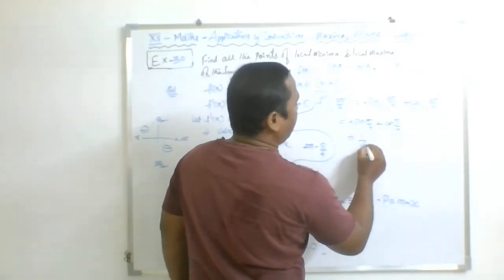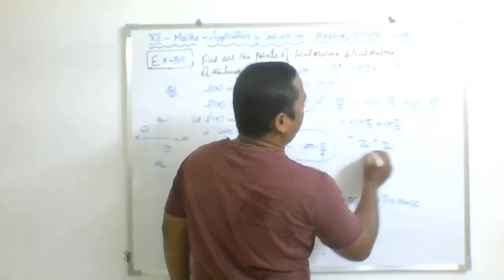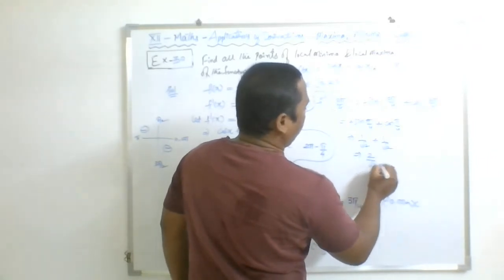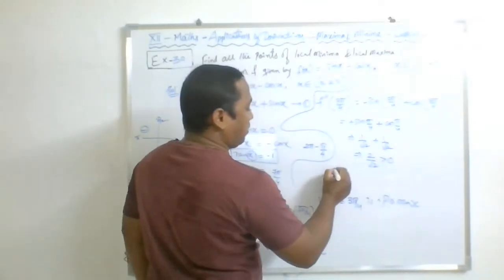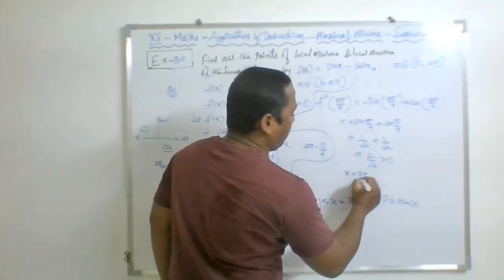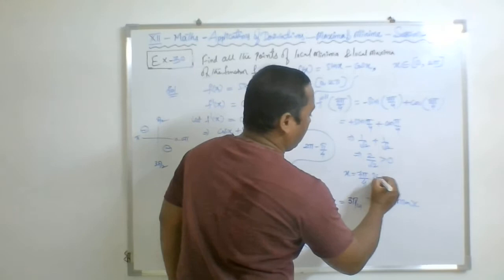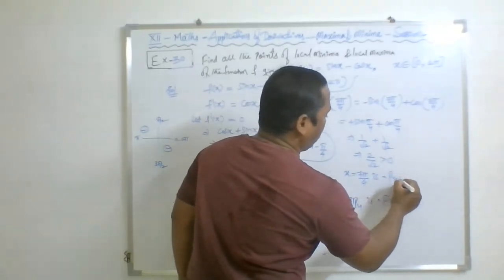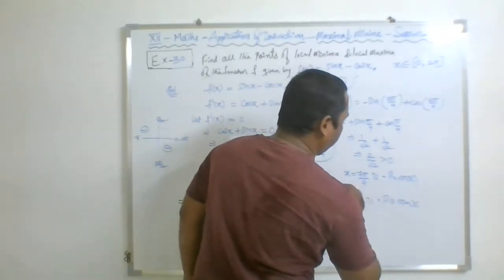It's 1 by root 2 plus 1 by root 2, that is 2 by root 2, which is positive. Therefore, x is equal to 7 pi by 4 is a point of minima.